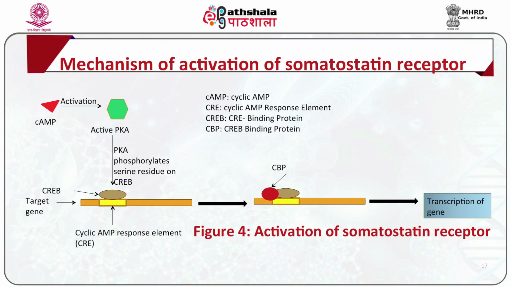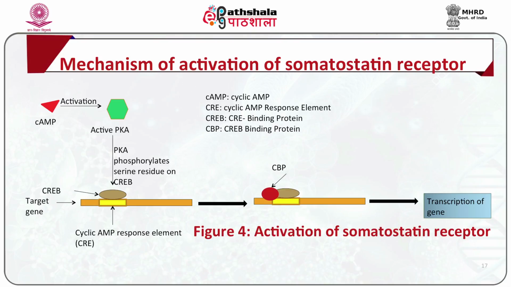The gene for somatostatin is activated by cyclic AMP. The regulatory region in the somatostatin gene, as in the other genes regulated by cyclic AMP, contains a specific sequence which is called the cyclic AMP response element, CRE. A protein named CRE binding protein, CREB, recognizes and binds to this regulatory sequence.